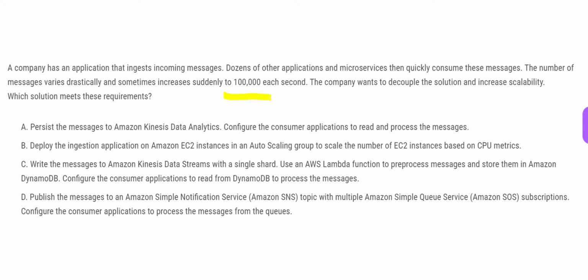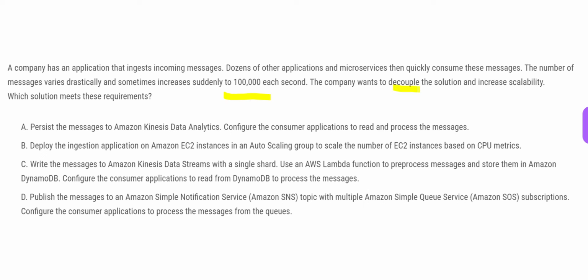So many times, a producer sends one record, you want the consumer to receive one record so that the queue gets empty. Now, if the queue is not getting empty and immediately so many messages are coming, you want to decouple the solution so that messages will be there in the queue. Producer may send 100 records, but consumer may consume only 10. They will consume when they want. So that is called solution decoupling.